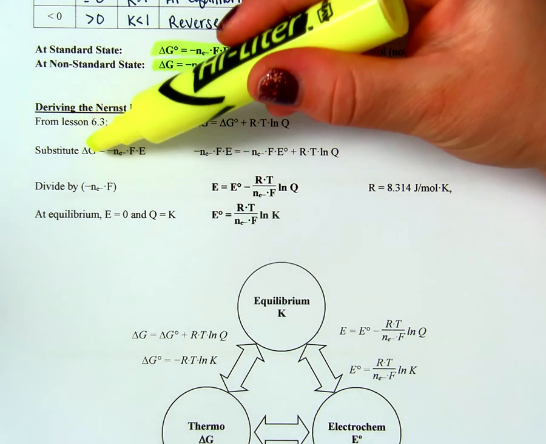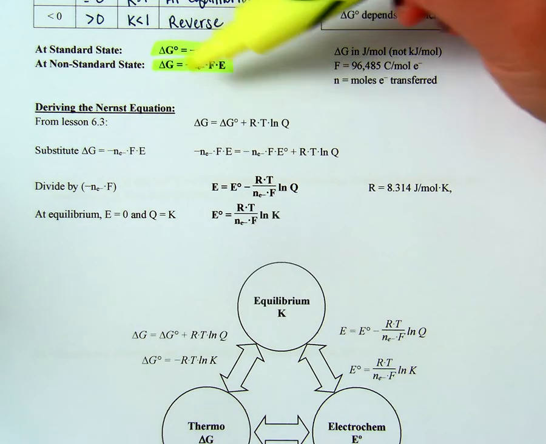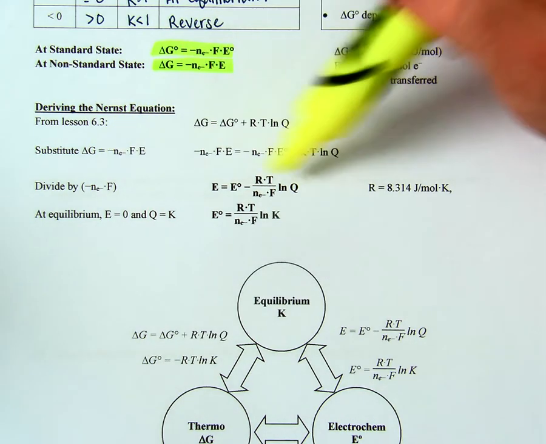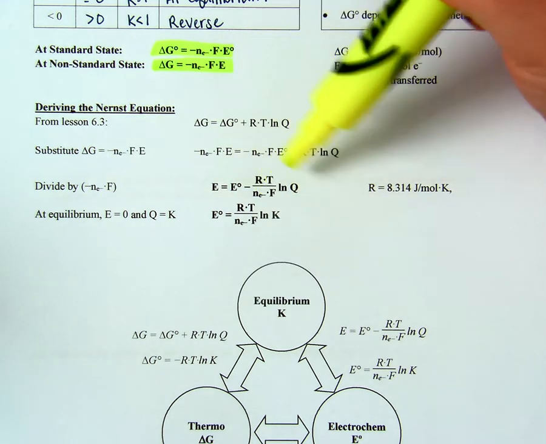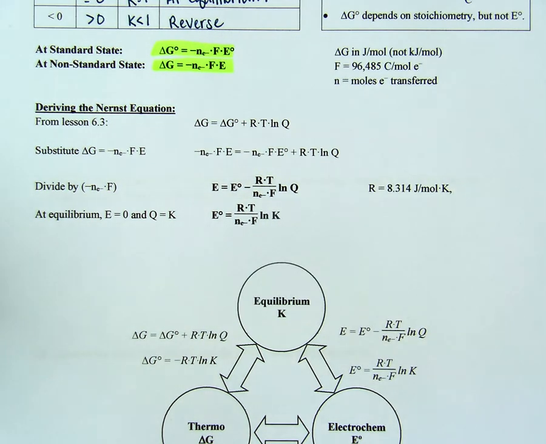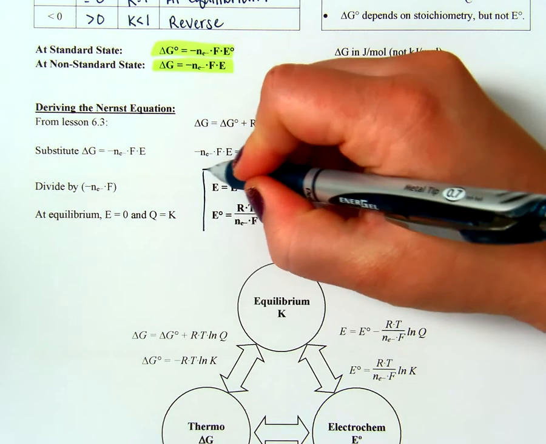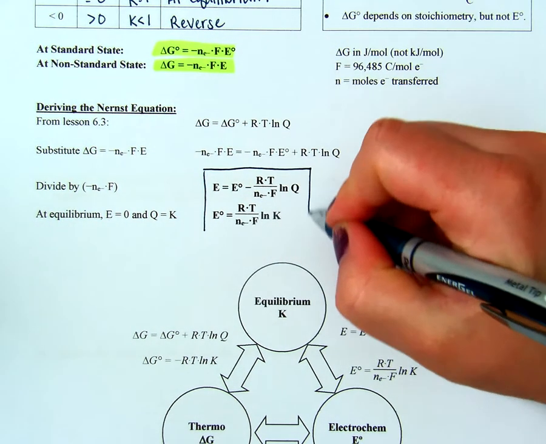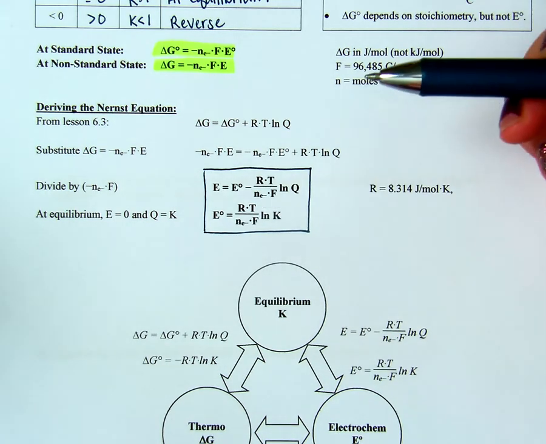So if we substitute delta G equals negative n F E that we had up here, and divide both sides by negative n F, we end up getting our Nernst equation. So the Nernst equation is pretty important. This can tell us all about how our concentrations are going to affect our voltage, essentially.